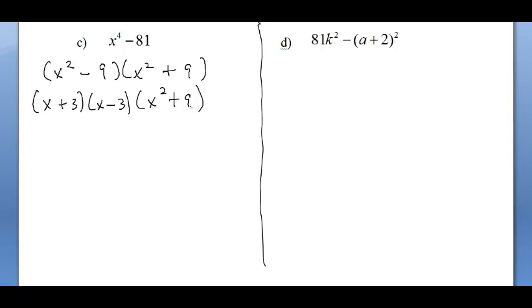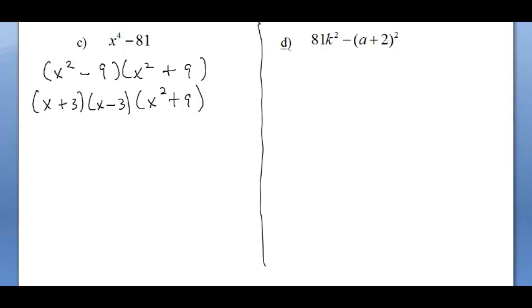Our next example, 81k squared minus the quantity a plus 2 squared. Our first term is a perfect square, 9k times 9k. And our second term is also a perfect square, a plus 2 times a plus 2.